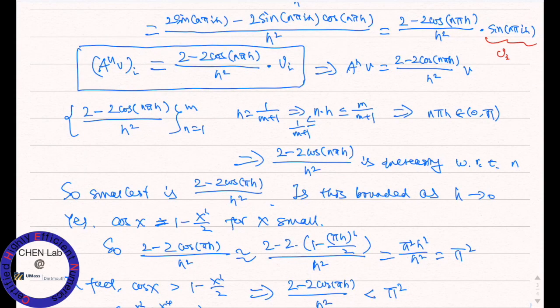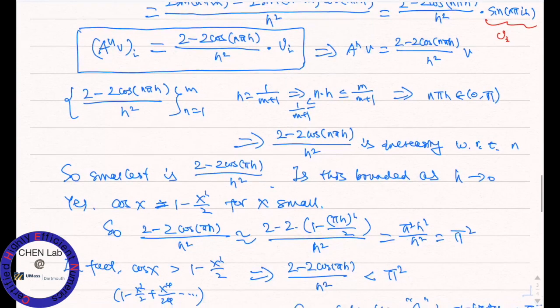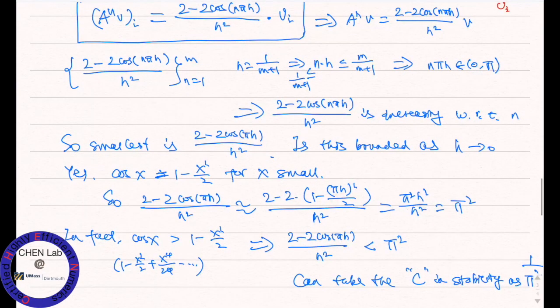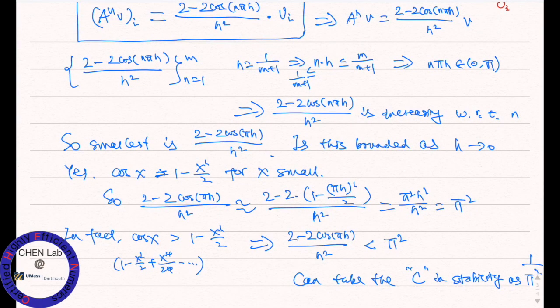Which means we can take the c in the stability argument as 1 over pi squared, because it's the smallest eigenvalue of A_h.